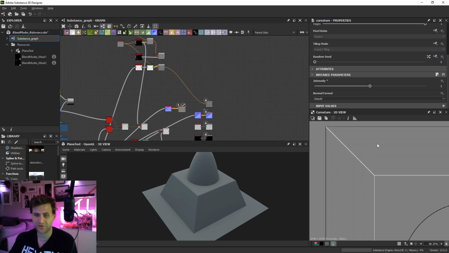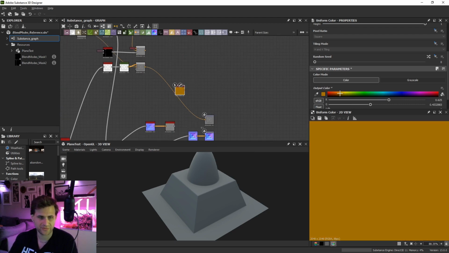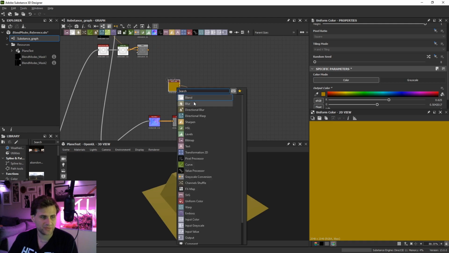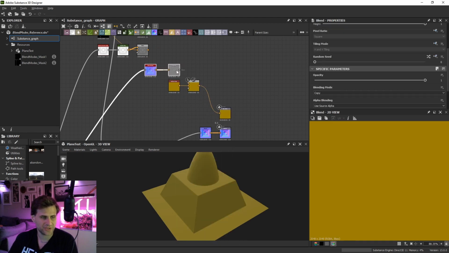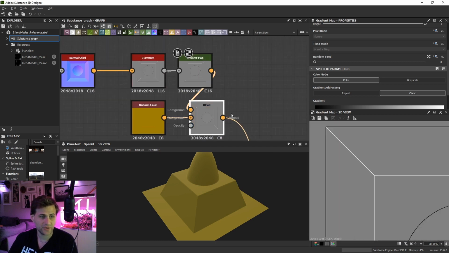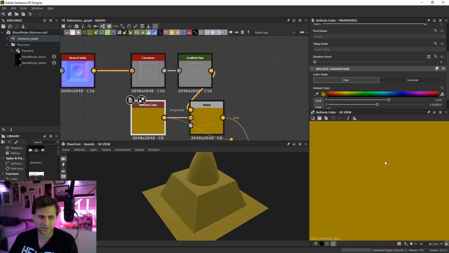But because we know this is middle gray, what we could do is, let's say we were coloring this and we made like a gold pyramid type of thing. We can just take our curvature, convert it into color so we can blend it. And we can just use an overlay blend mode, and you'll see what happens is really cool. The base color doesn't change at all, right?